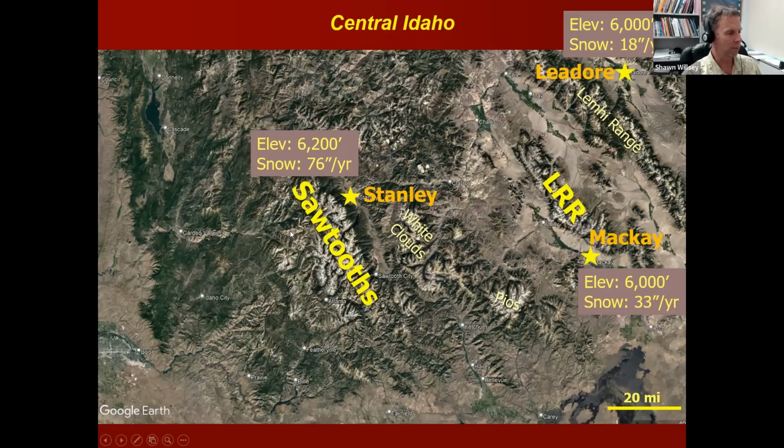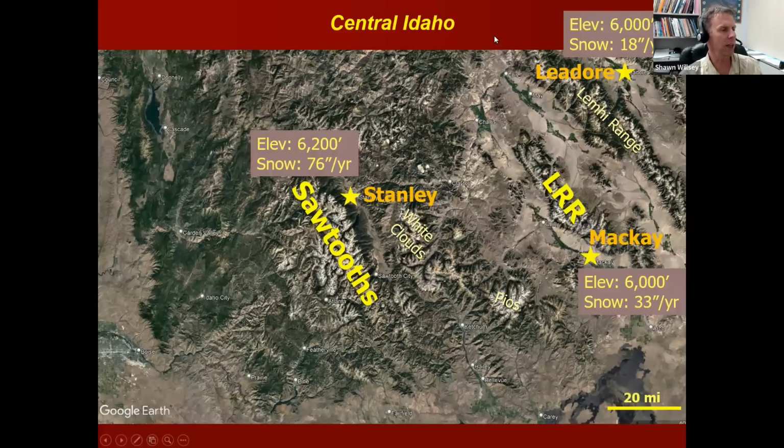So we have sort of a double, maybe triple whammy snow rain shadow effect, where we have the Sawtooths, the white clouds, which are up to 10, 11,000 feet. Those suck some of the moisture. And by the time these storm systems get to the eastern part of the state and the Continental Divide in Montana, they've dropped a lot of their moisture in the central part of the state.